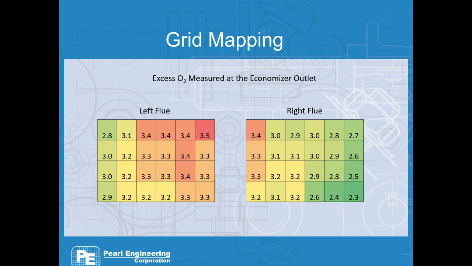If you do a grid map on a multiple burner boiler and make it as even as you can across the board, you can actually improve all 3, because you're not going to have a peak of NOx where you have 3.5% O2, and you're not going to have a peak of high CO where you have 2.3% O2. So you can end up balancing it so that at your stack, you're actually reporting better emissions values.